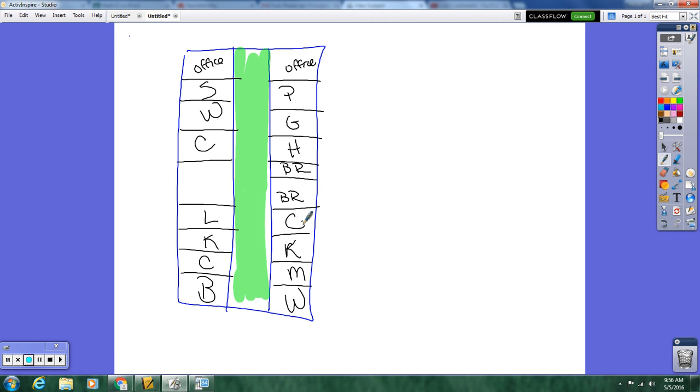Alright, so this would be like a very crude floor plan of the main hall in the hospital.